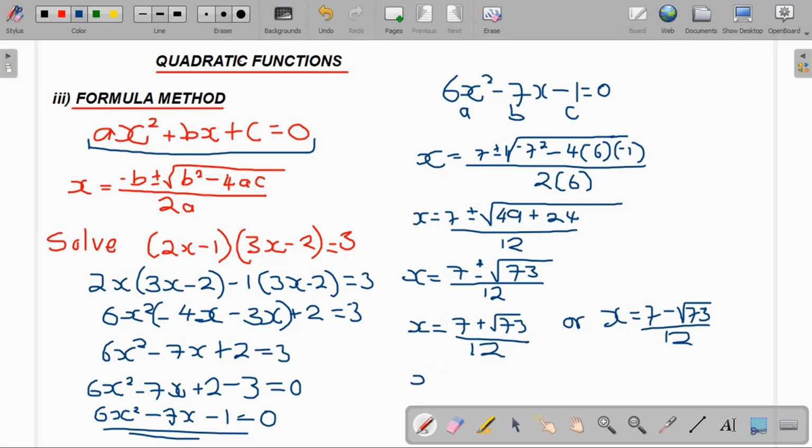And then from there we say x is equal to 7 plus the square root of 73 divided by 12, it will give us 1.30. That's the first answer.